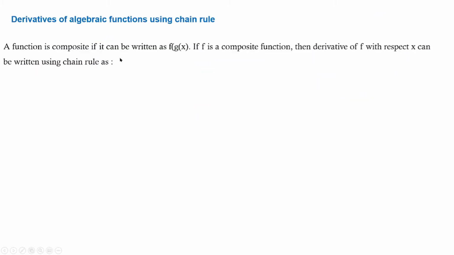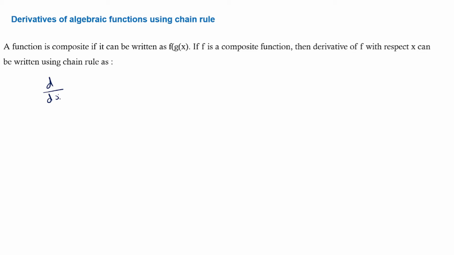And now we have derivatives of algebraic functions using the chain rule. Now a function is a composite function if it can be written as f of g of x. If f is a composite function, then the derivative of f with respect to x can be written using the chain rule.